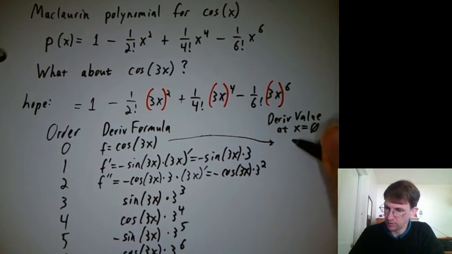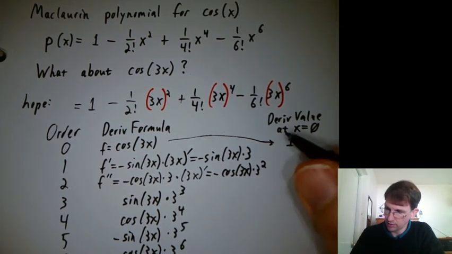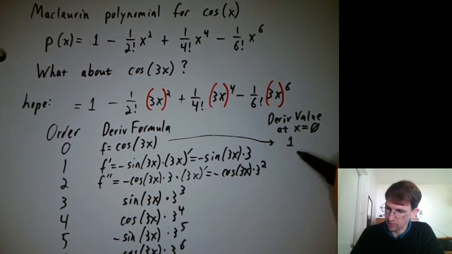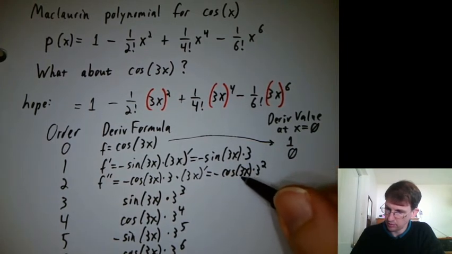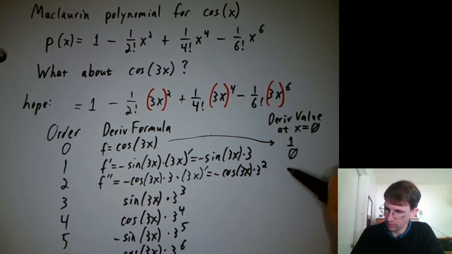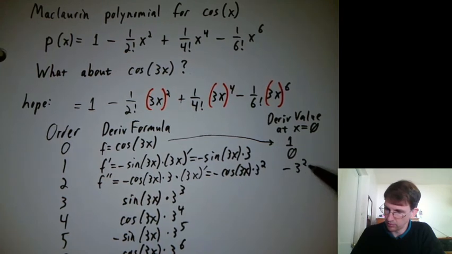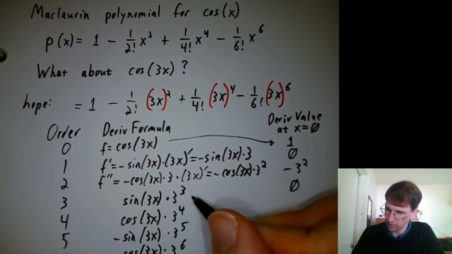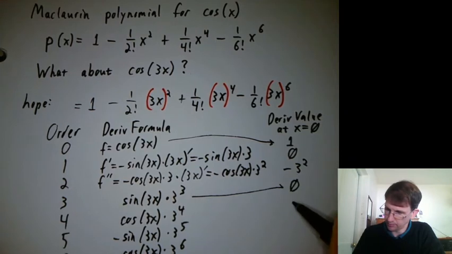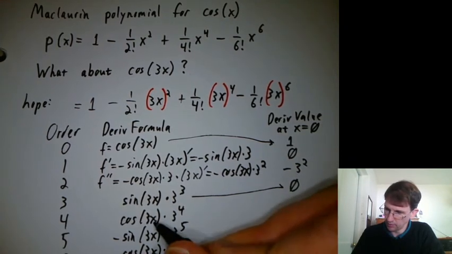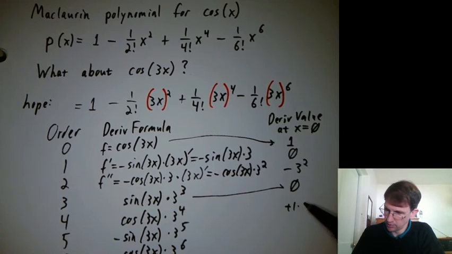That is just 1. And then sine of 3 times 0 is 0. Cosine is 1 with a negative, so we get negative 3 squared. Get a 0 there. And then here, positive 1 times 3 to the 4th, 0 there, and then negative 1 times 3 to the 6th.